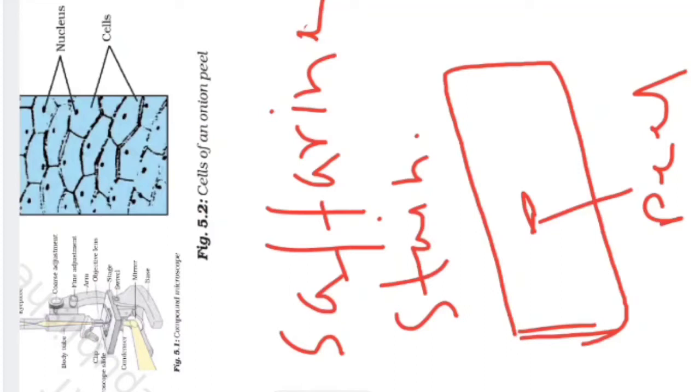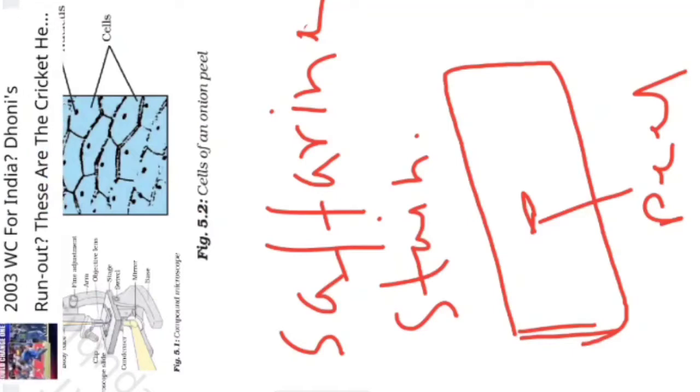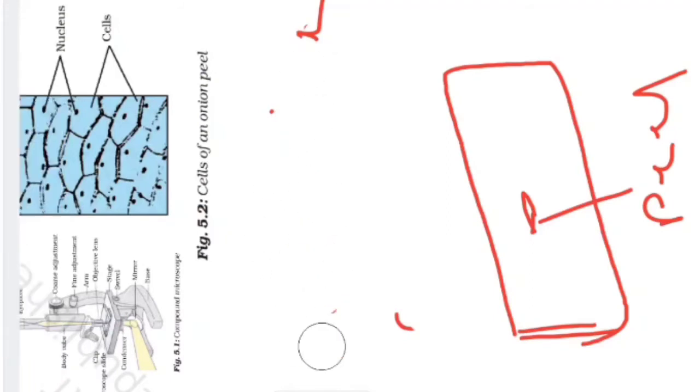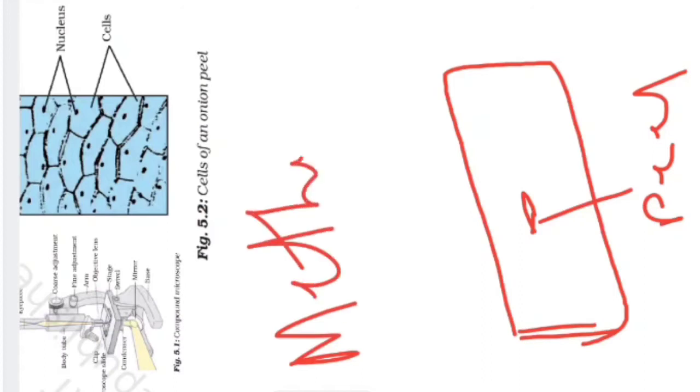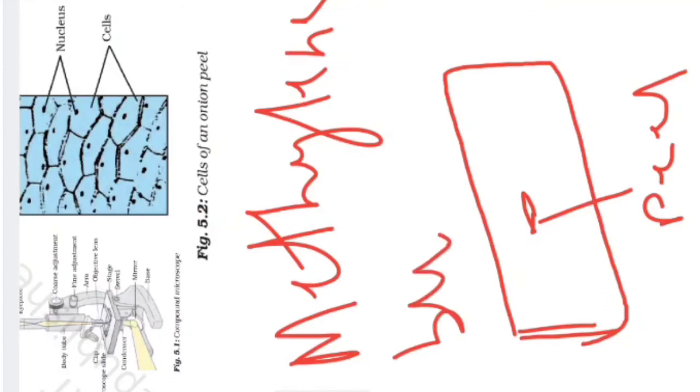So whenever we use saffranin, that means the plant cell. It is always used in the plant cells, isn't it? And another stain is there, which is used in animal cells. That is called methylene blue. Methylene blue stain. Okay, this methylene blue is for the animal cells.